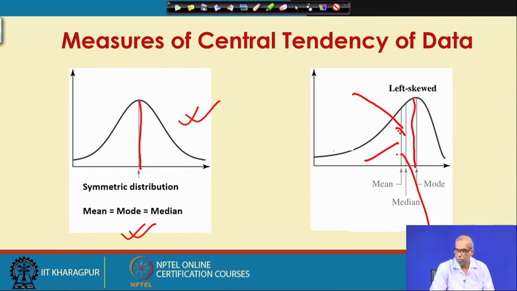So, mean, median and mode may all be different. Mean, median and mode are the same only for a symmetric distribution, but for distributions which are not symmetric, the mean, median and mode may all be different.